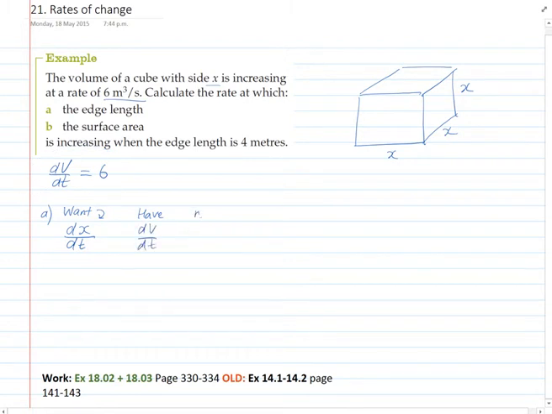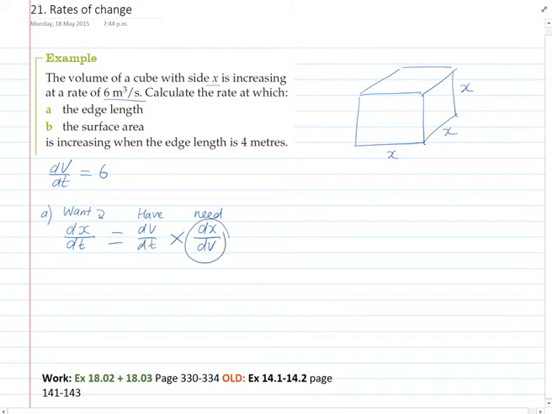And so what we need in order to make this equation work out is something that cancels out the dV and leaves us with dx on top. And so this is going to be the formulation of our question.